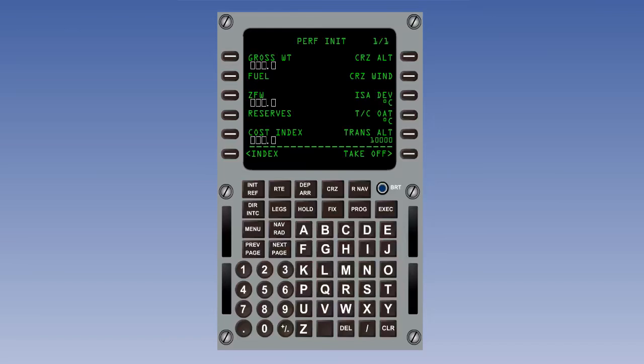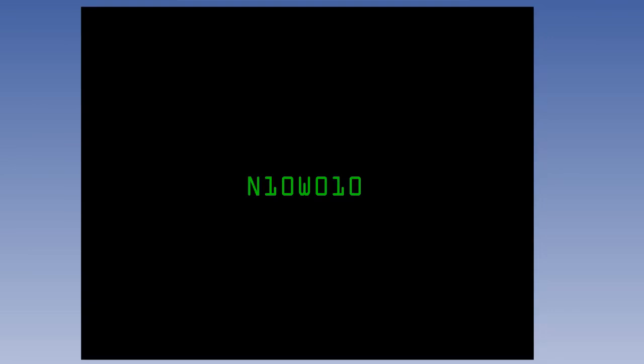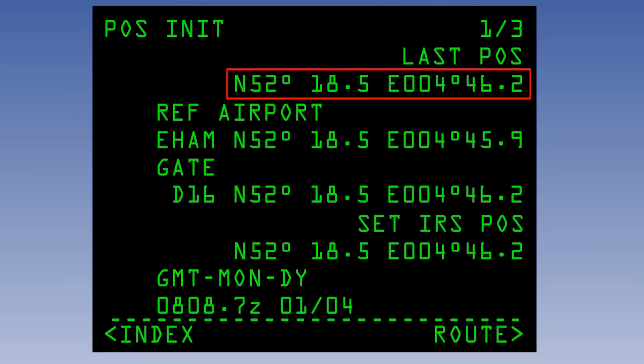We'll move on to data entry now. When keying navigational data into the control and display unit, the valid formats are latitude and longitude as either a 7-figure group alphanumeric if entering to the nearest degree, or as a 15-figure group if entering to the nearest 0.1 of a minute, which is more usual.